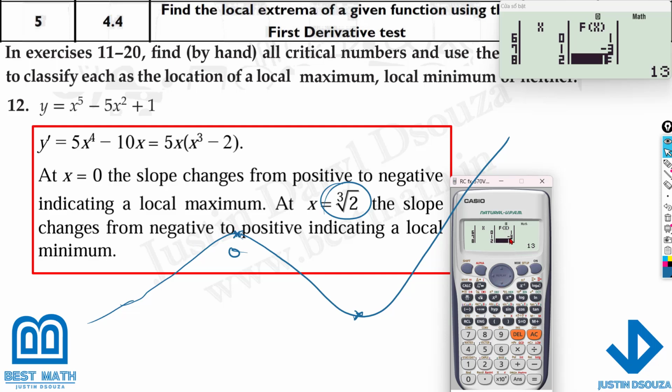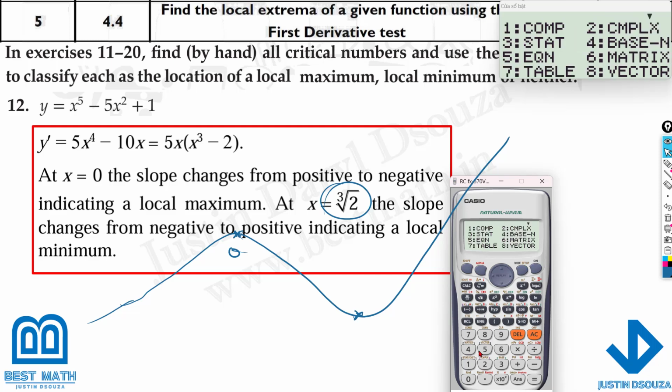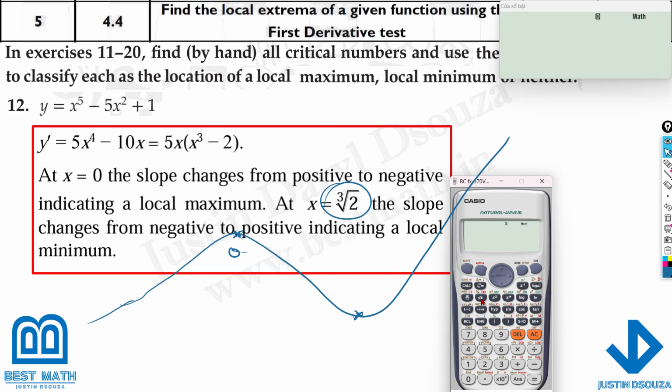But then again it increased, because cube root 2 is somewhere in between, less than 2, isn't it? So you can just put shift, and over here shift, and this symbol. You can just type out the cube root by yourself, and the answer is 1.2599.